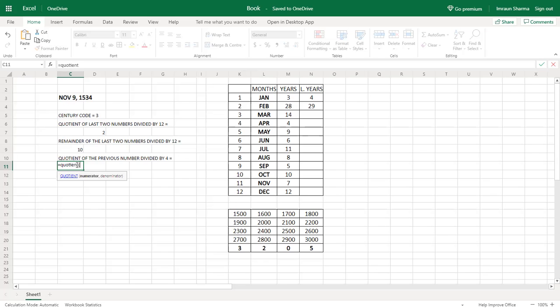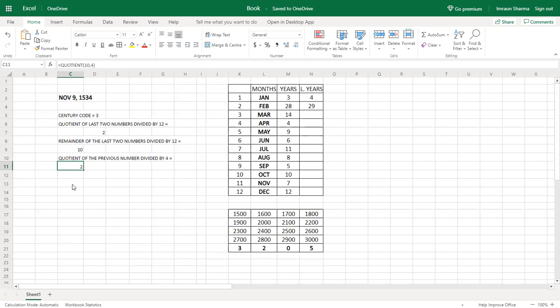Quotient, 10 divided by 4. The answer is 2. So the last number is 2.